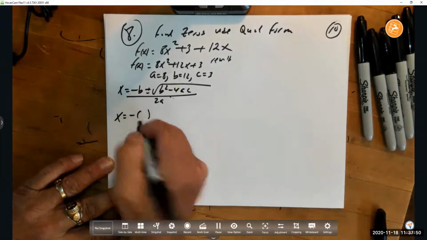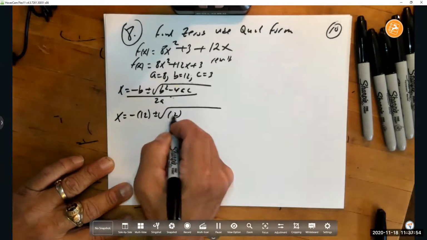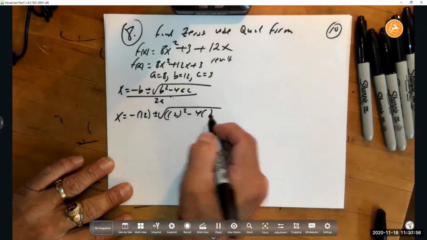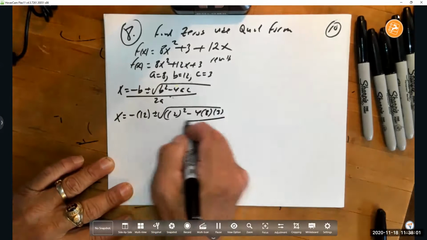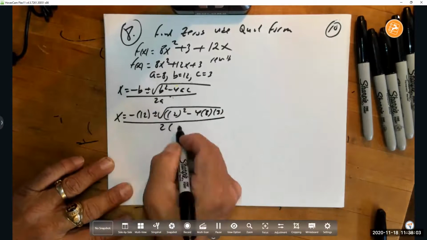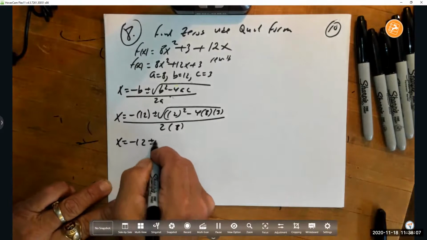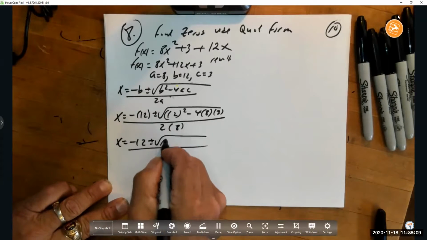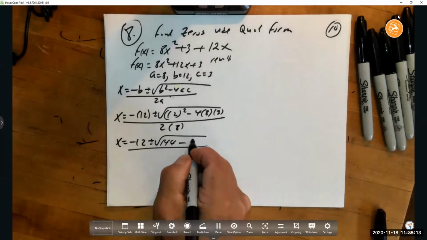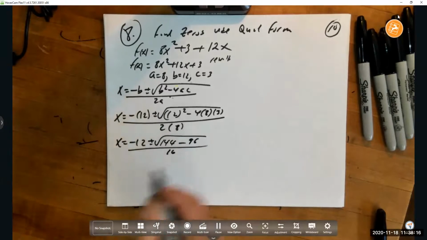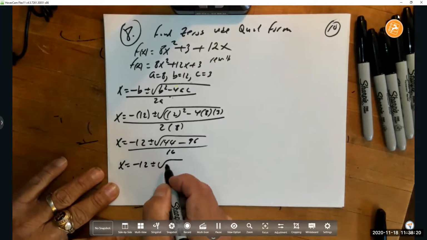So negative 12 plus or minus the square root of 12 squared minus 4 times 8 times 3, over 2 times 8. That's 144 minus 4 times 8 times 3, which is 96. So that's going to give you negative 12 plus or minus the square root of 48 over 16.